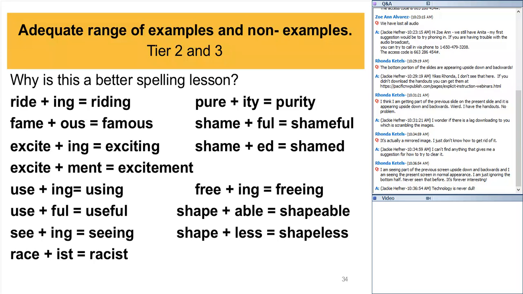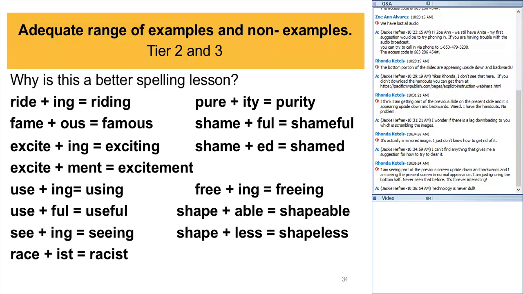The rule is when you have a vowel consonant E and you're adding an ending that begins with a vowel, you drop the E. So shameful, we have a vowel consonant E, but the ending begins with a consonant, so we don't drop the E. But when we have shamed, we have a vowel consonant E, and the ending begins with a vowel. And so we drop the E. Oh my goodness, I really have to think here because there's both examples and non-examples.